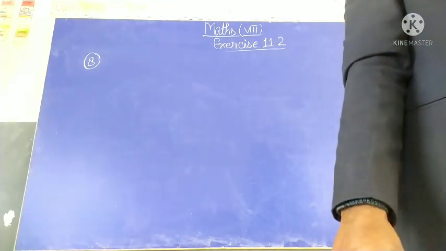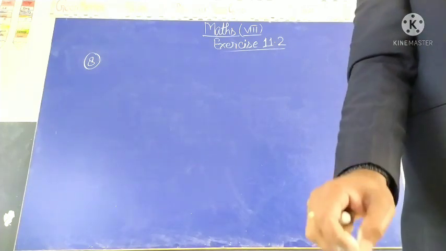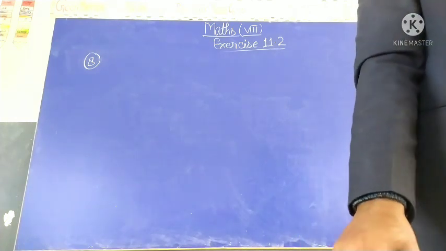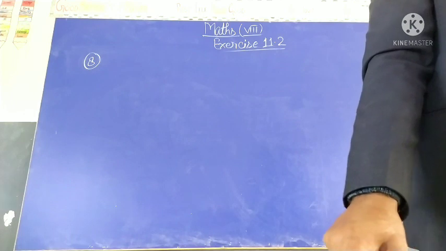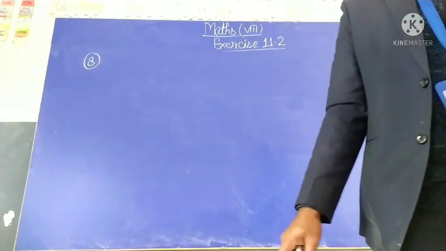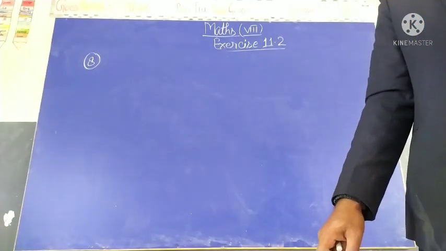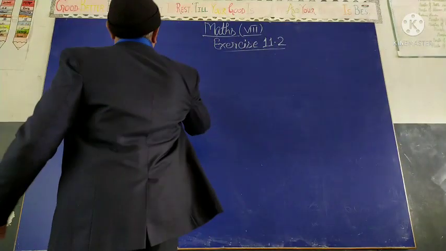For this question, first of all you write what is given in this question. You have given area of the trapezium shaped field 10,500 meter square.